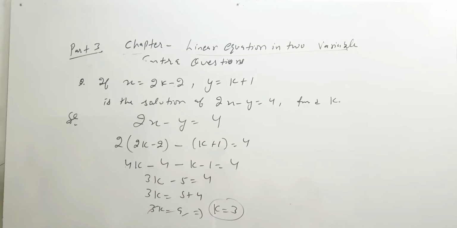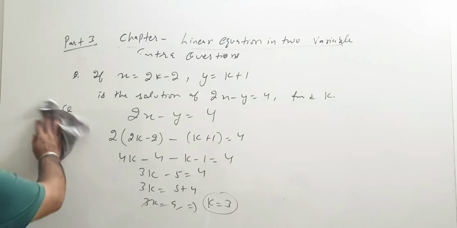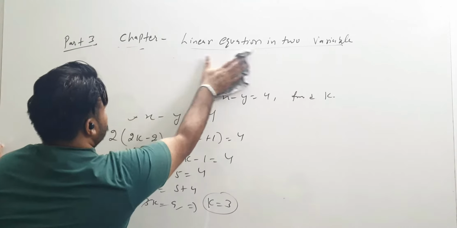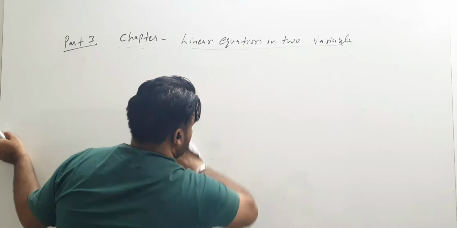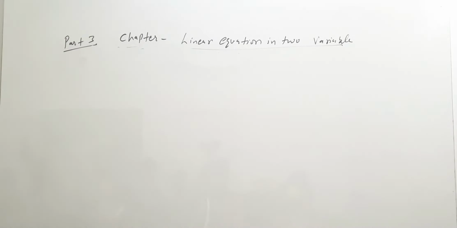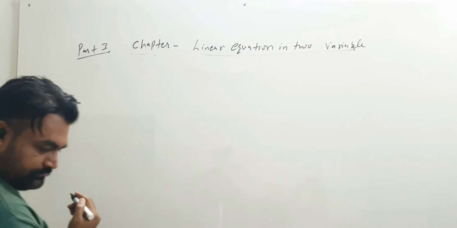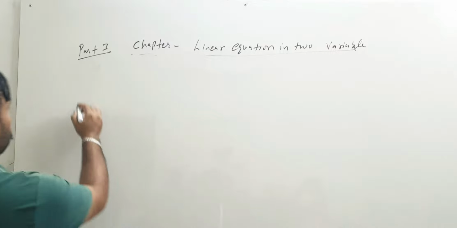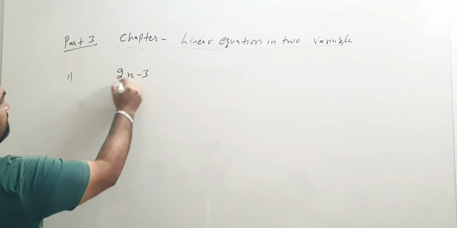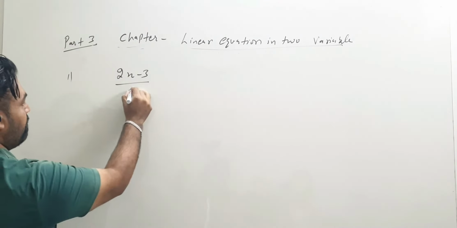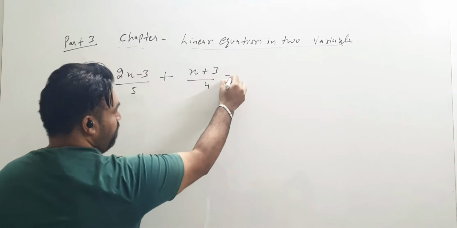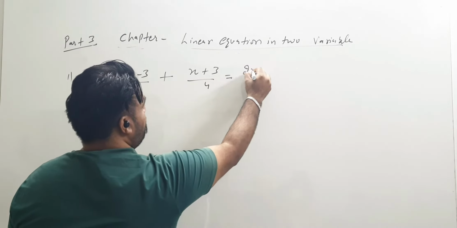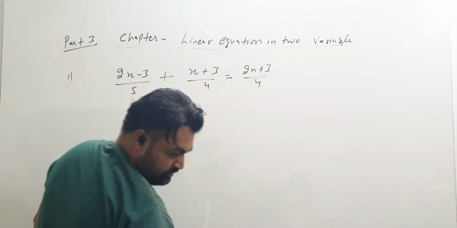The next question is (2x minus 3) upon 5 plus (x plus 3) upon 4 equals to (2x plus 3) upon 4.